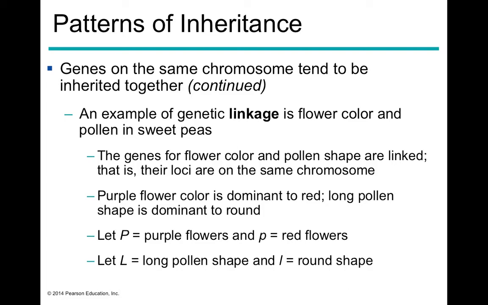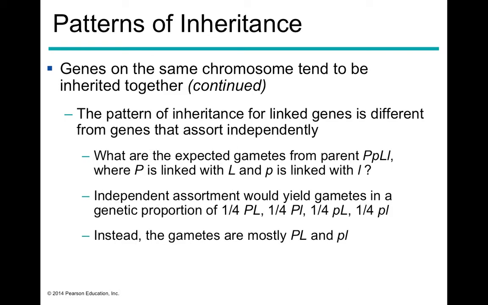A good example of genetic linkage is flower color and pollen. Right? So purple flower color is dominant to red, and long pollen shape is dominant to round. And so what you would expect would be that 9 to 3 to 3 to 1 ratio if they were inherited independently, right?